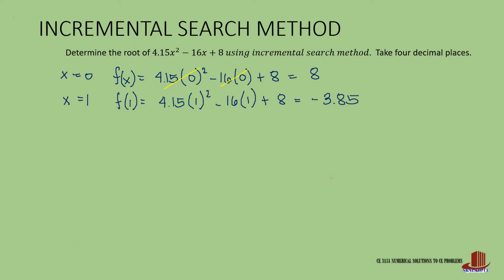In this case, since we have the signs reversed from positive to negative, then we are sure that the root of our function lies between 0 and 1. We can take x equal to 0 as our lower limit, and x equal to 1 would be our upper limit.